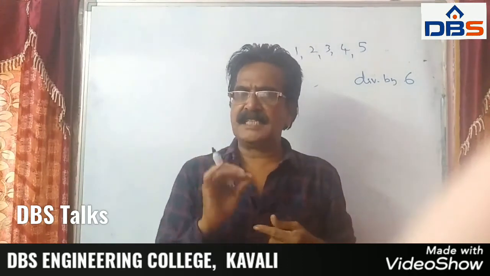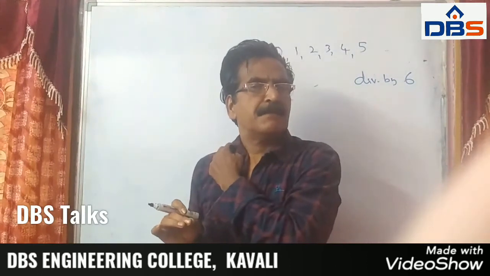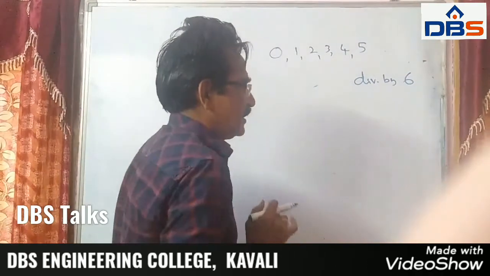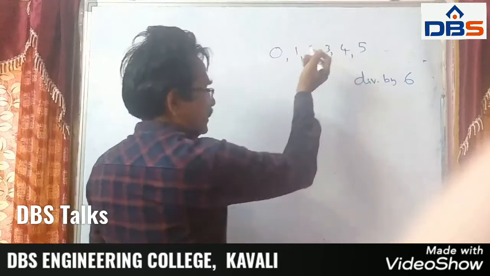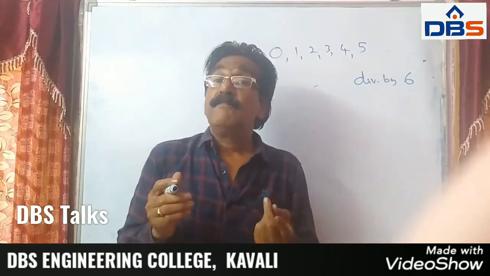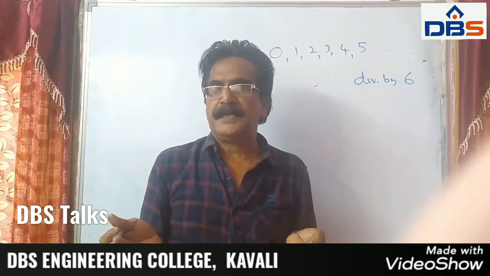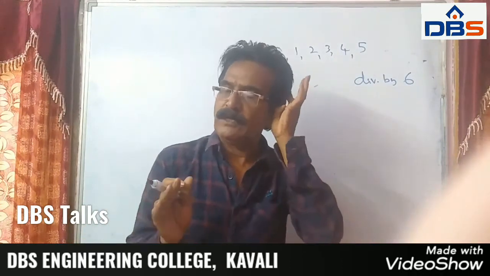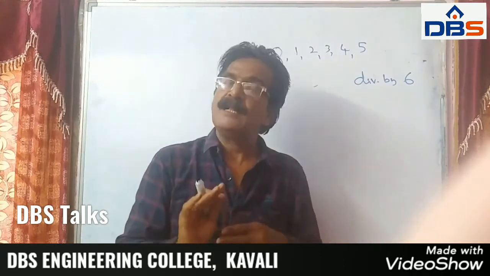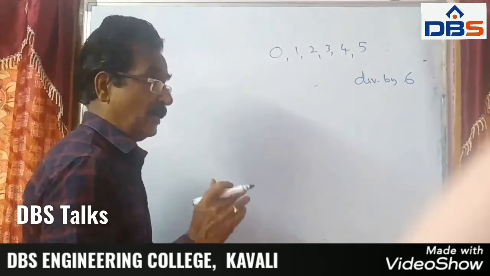The sum of the digits must be divisible by 3. Let us first consider the case when repetition is not allowed, and then after let us see the case when repetition is allowed.